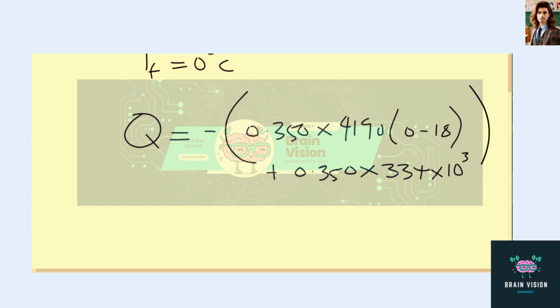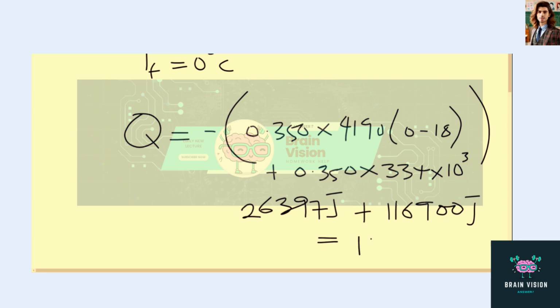So when we follow this, this should give us about 26397 joules plus 16900 joules. When you put them together, they should give you about 143,297.